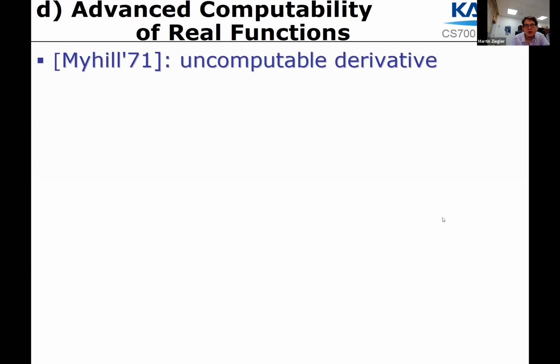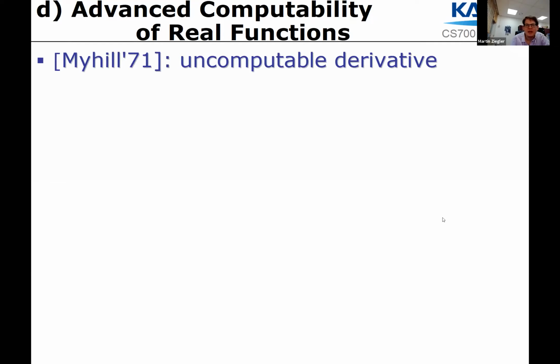This is one of the strengths of science, that we can prove something is fundamentally impossible, and indeed that gives good guidance to what we can expect in numerical computing. So we're going to recall some results, for instance, from Myhill, 1971.